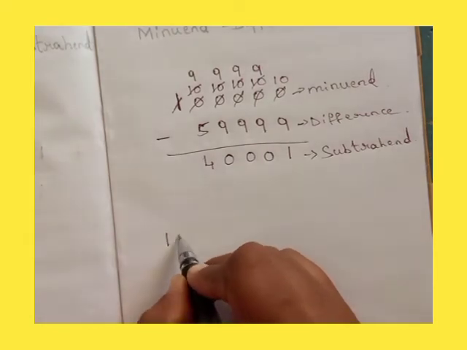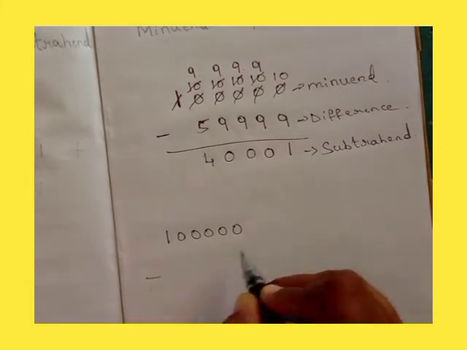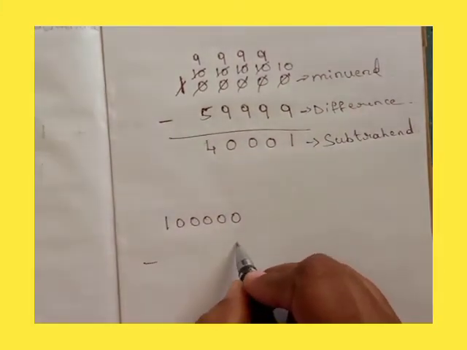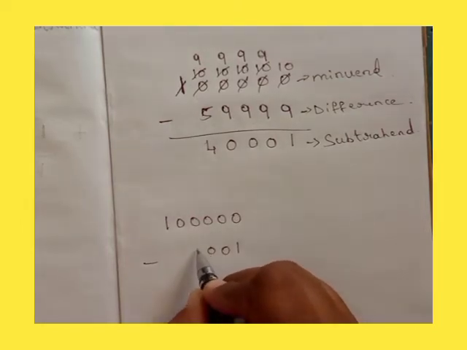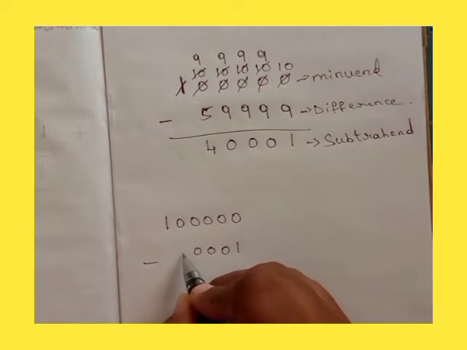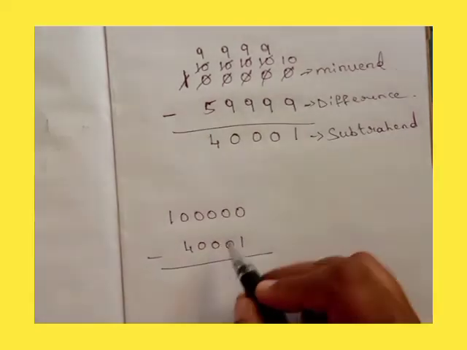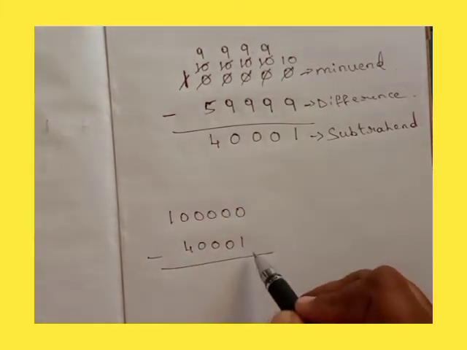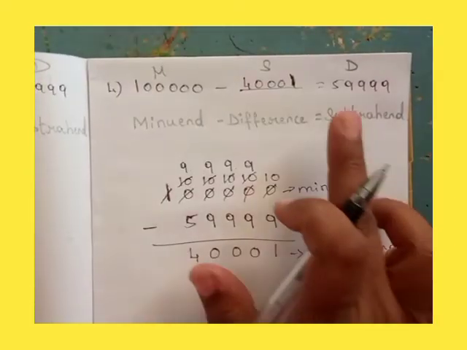This is 1 lakh, minus 40,001, starting from the ones place. See, this will be minuend minus subtrahend. Let's see whether we will get the same difference or not.